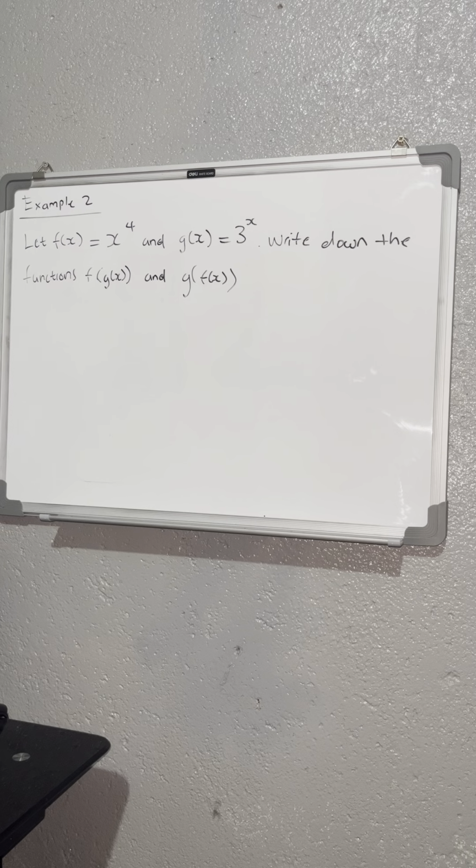So yeah, this is part 2 of the video where you are given an example that looks like this. They say you have your f of x equals x to the exponent 4 and g of x equals 3 to the exponent x. So they tell you to find this function and also this function.